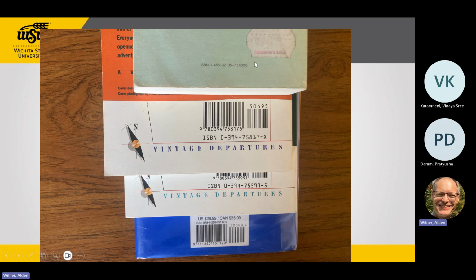You can see here's the number 3-458-32135-7. That's the ISBN number. Here it is, 0-394-75817-X. And this was in the interim period between the old and the new. This is the new version, 9780394758176.